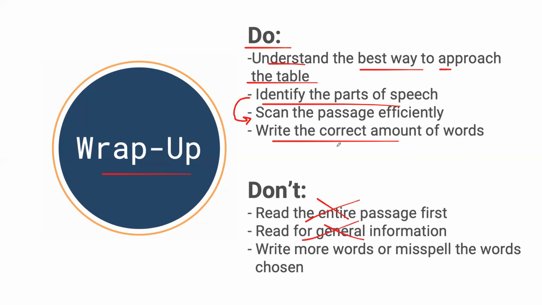You are looking for specific answers to your questions and filling in your table. Once you've done that, move on to the next question or the next question type if you are finished with this. And of course, you don't want to write more words or misspell the words that you've chosen. Pay attention, make sure you're spelling them according to what you have in the passage. This will just make it easier and alleviate this concern.